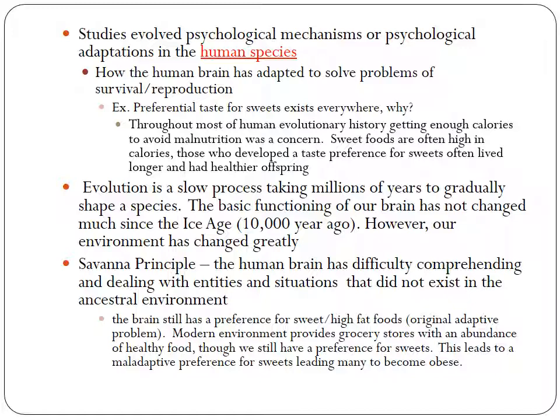So now in our current environment, we have all of this sugar, all of these calories readily available to us, and our brain craves them, but we don't know how to necessarily deal with that. And so we have obesity. We have this biological craving for it because it's set up for a world 10,000 years ago.